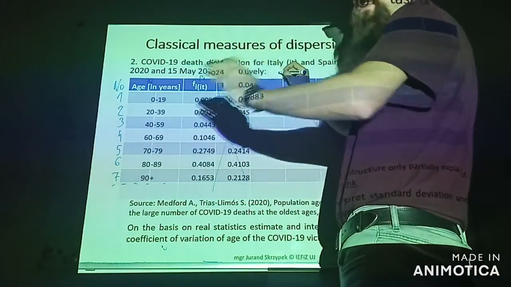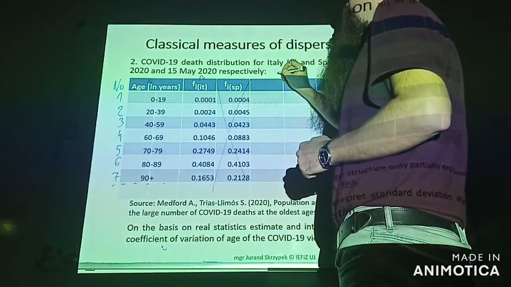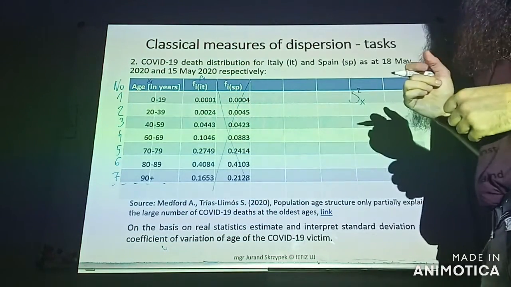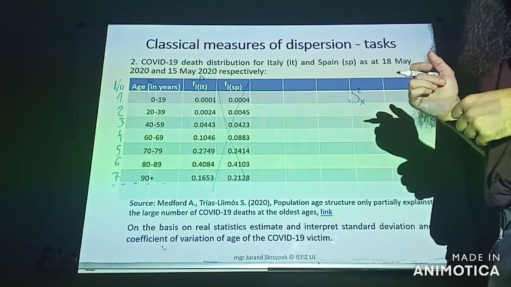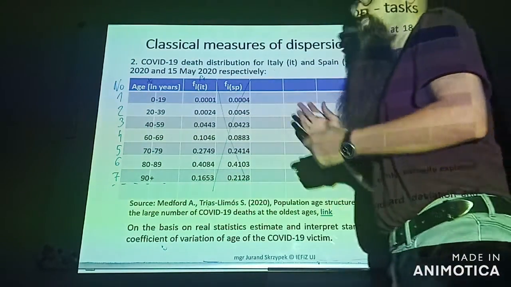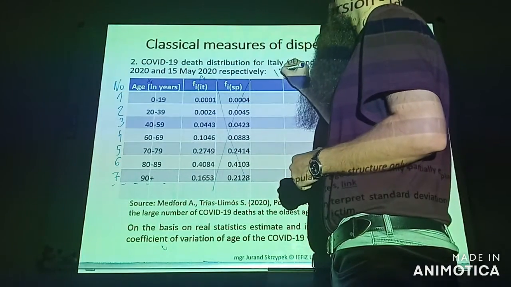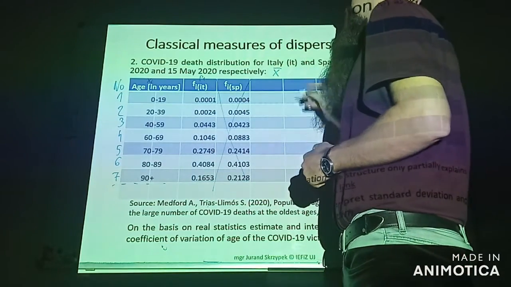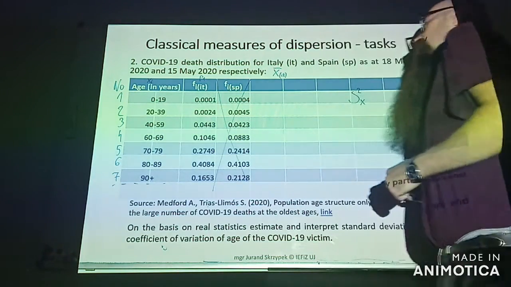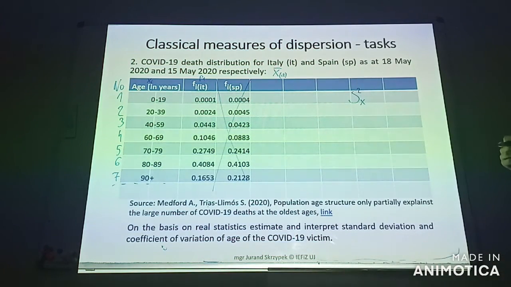Okay, so in the first step, we need, of course, the reference point, the mean value of age of COVID-19 victims. The average. So we need x mean of the average age of Italian COVID-19 victims.